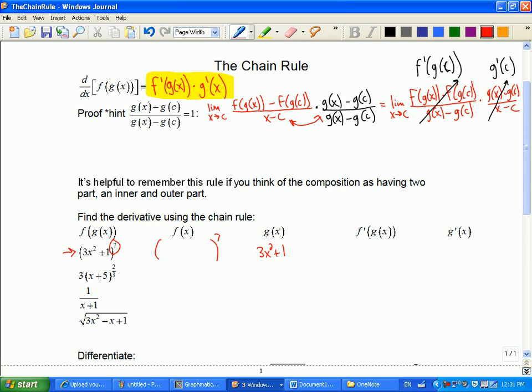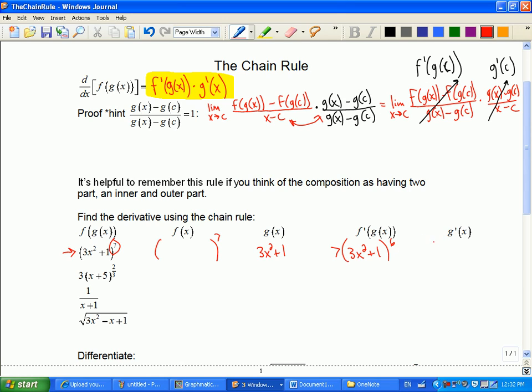So if I'm going to do chain rule, it's going to be the derivative of the outside function, which is just the 7th power. So I use power rule. 7 times this to the 6th. Okay. So we can forget about that mess inside, and we can just treat it like it was power rule.